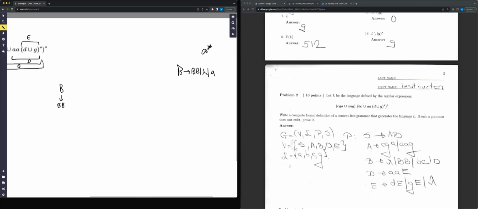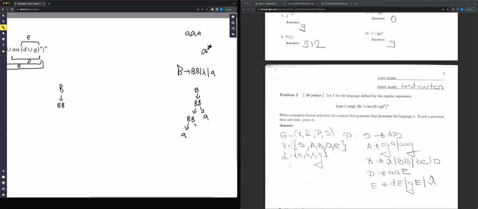The reason this works is because say I wanted to create the string AAA. Starting with one B, I can turn that into two B's. Now both of these B's need to be defined, and each B has an instruction, either pick BB, lambda, or A. Let's say the first one picks BB, and the last one picks an A. But these are still B's, which means I need to define them.